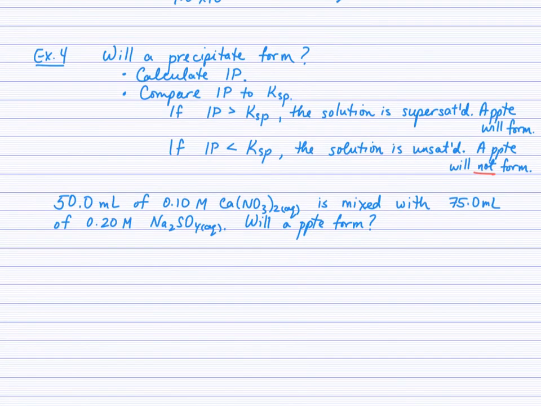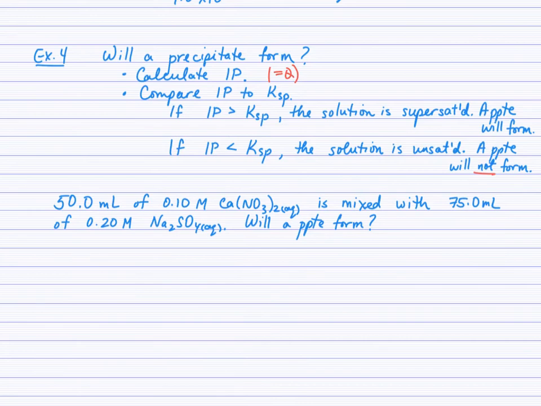Okay, our last type of example. These are questions where you're asked, will a precipitate form? Remember calculating Q? Well, we're going to be calculating the ion product, and the ion product really is equal to Q. So it means we're going to take the expression for KSP and use concentrations not at equilibrium.